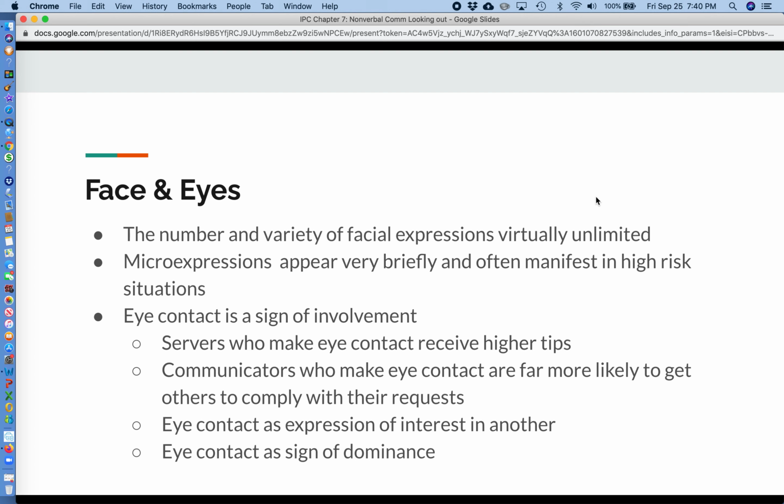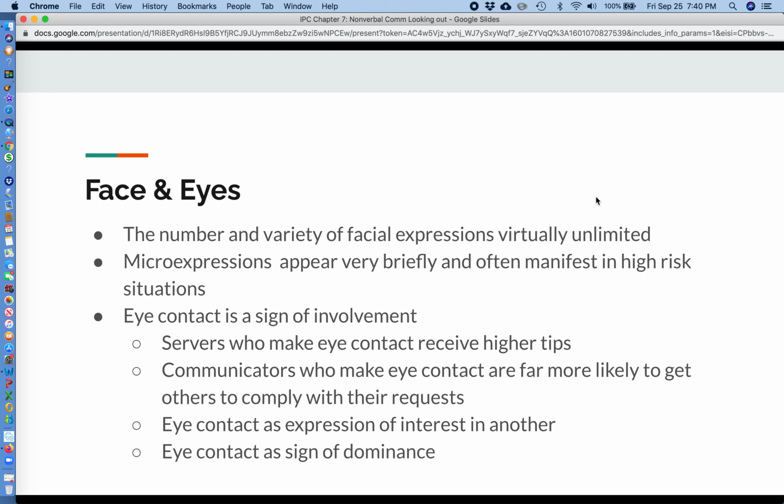So, when we talk about nonverbal forms of expression, clearly the face and the eyes come into play, right? And the number and variety of facial expressions are virtually unlimited. We can make all different kinds of combinations with our face and with our eyes. And sometimes these come through in the form of what we call micro expressions. And these are expressions that appear very briefly and usually show up in relatively high risk situations.